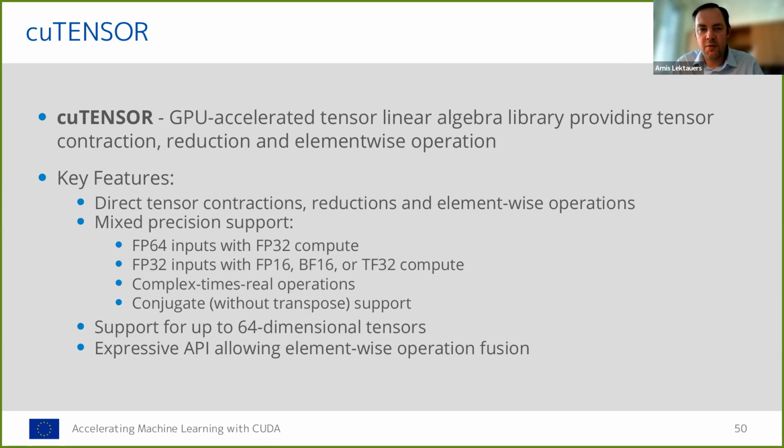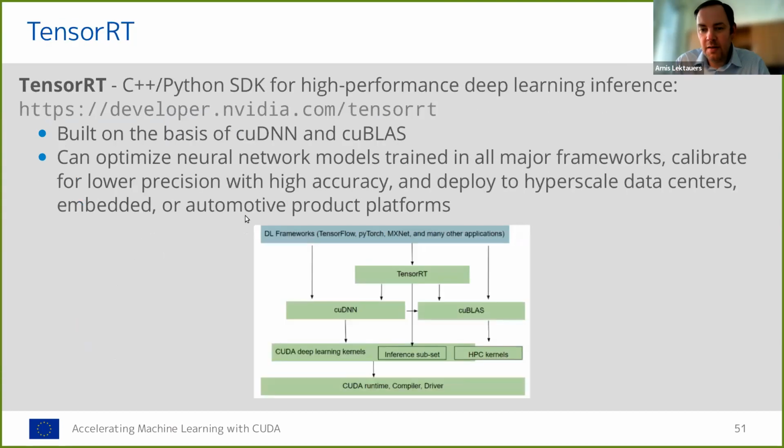So it is a library for working with tensors, with multidimensional matrices, providing mixed precision support, providing direct tensor contractions, reductions, element-wise operations, that means without need to copy any data between host and device. cuTENSOR is supporting up to 64 dimensions of tensors. It is a relatively low-level library.